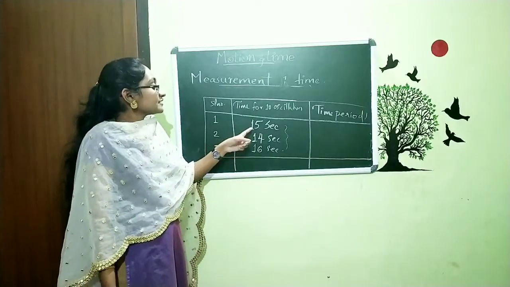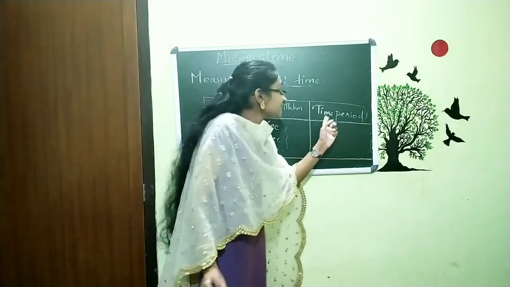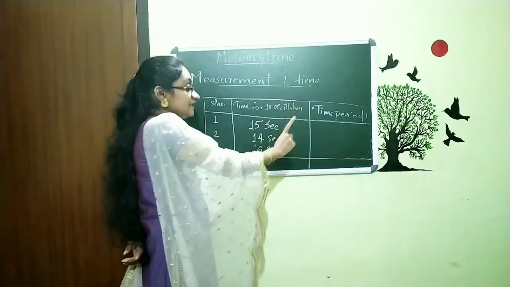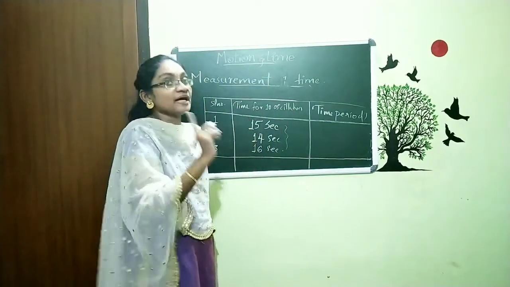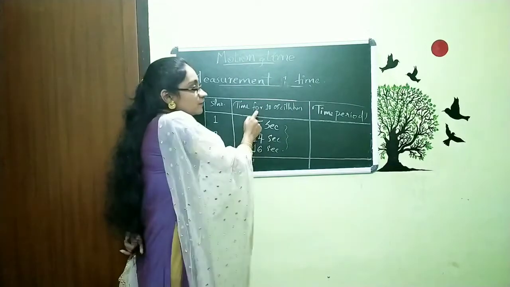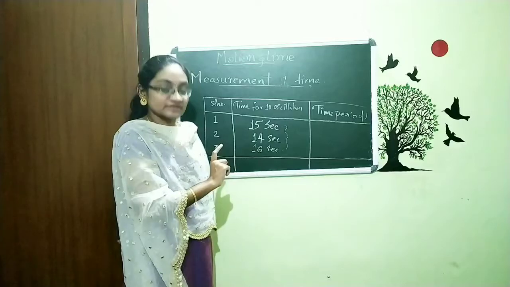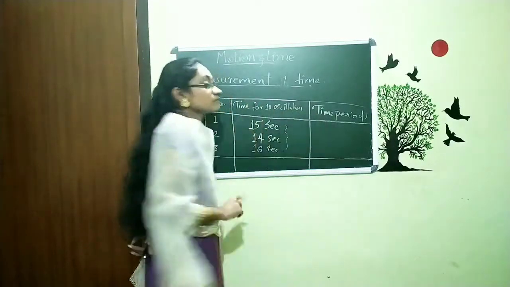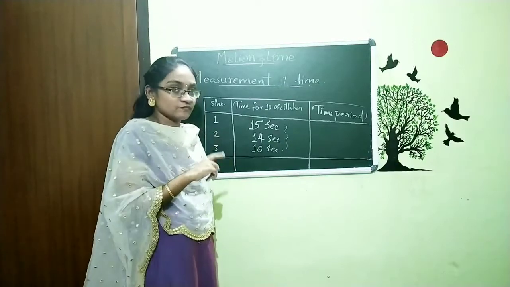So now we want to find the time period. How do we find the time period? Time period is the time taken by the pendulum to complete one oscillation. We took here 10 oscillations. Then how do we find one oscillation's time? Very simple.